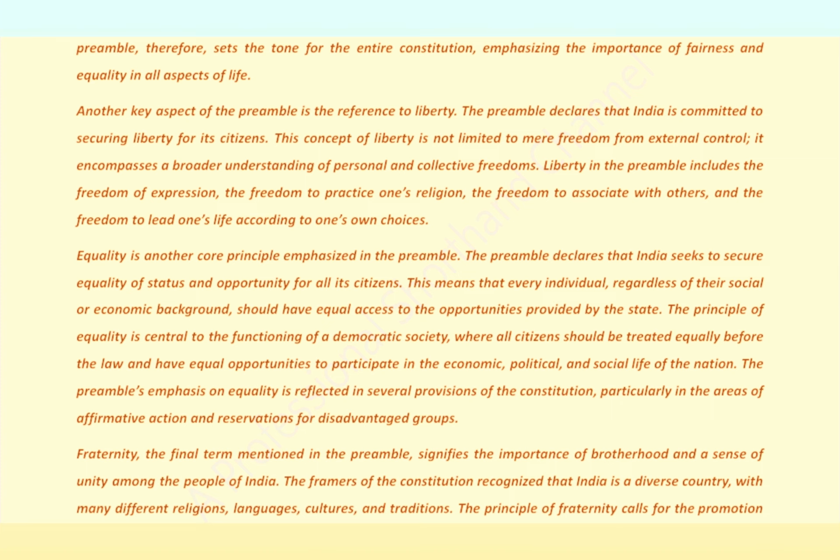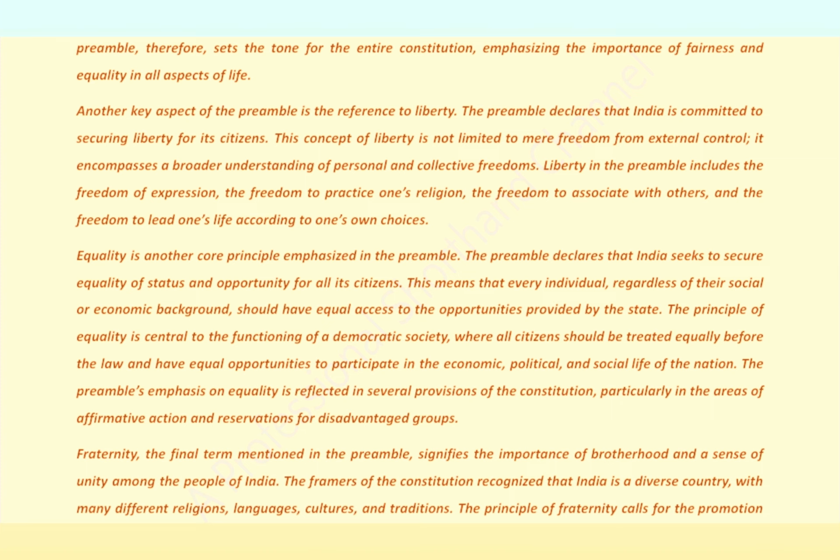Equality is another core principle emphasized in the preamble. The preamble declares that India seeks to secure equality of status and opportunity for all its citizens. This means that every individual, regardless of their social or economic background, should have equal access to the opportunities provided by the state.